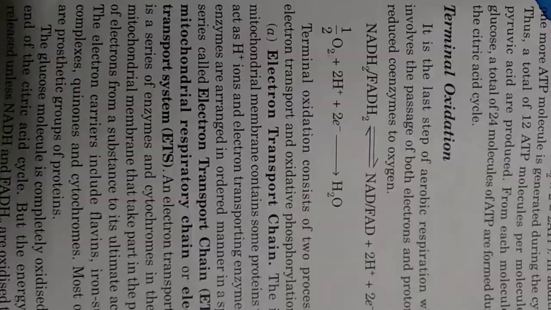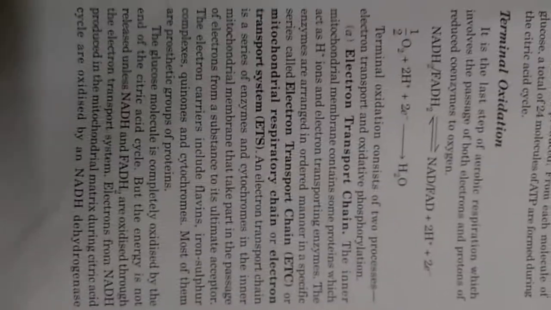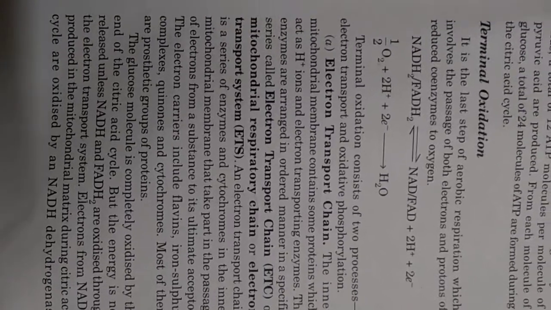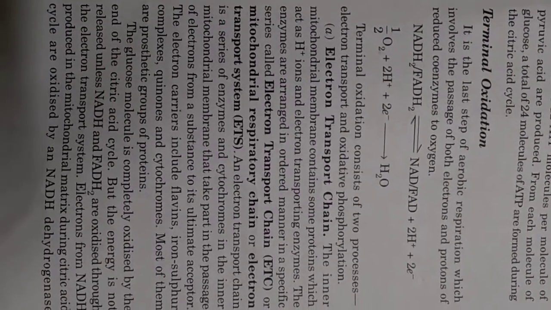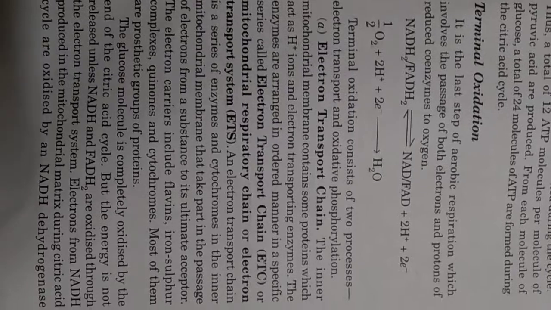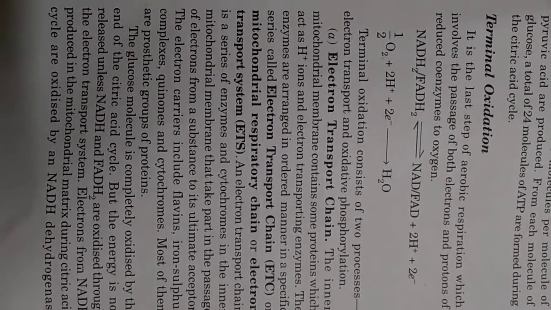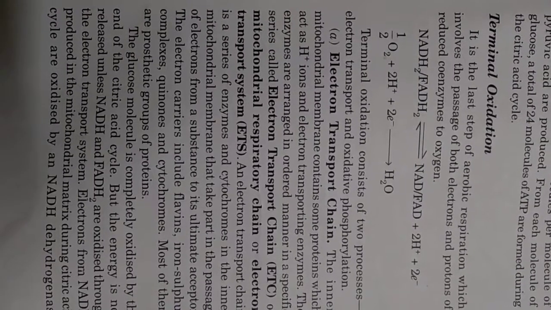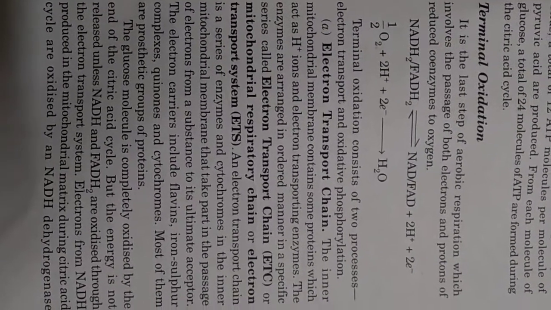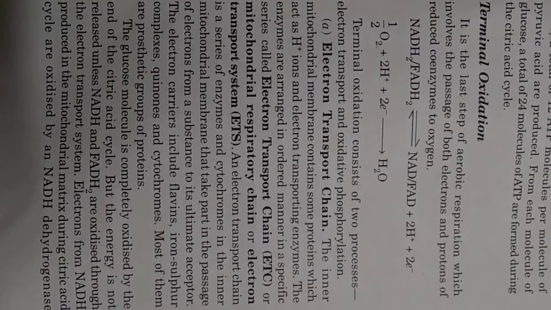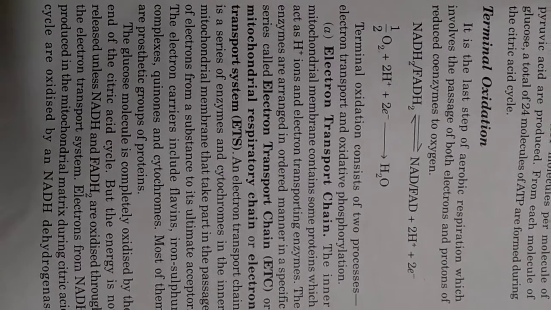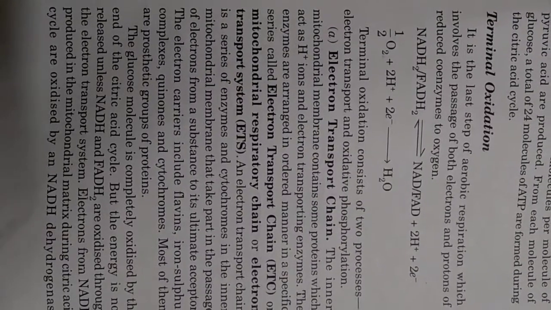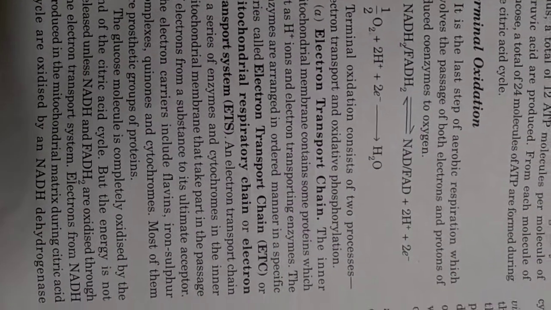Now, this electron transport system occurs in the inner mitochondrial membrane, where there are some proteins that act as the electron carriers. These electron carriers are the acceptors of the protons, and thus help in the oxidation of NADH2 and FADH2.